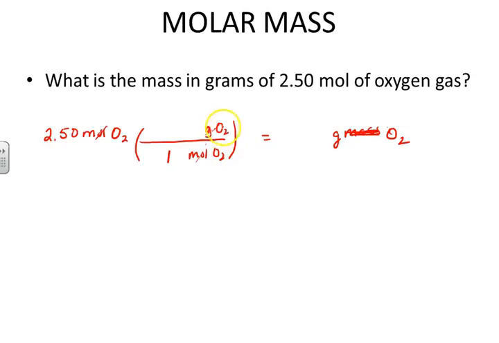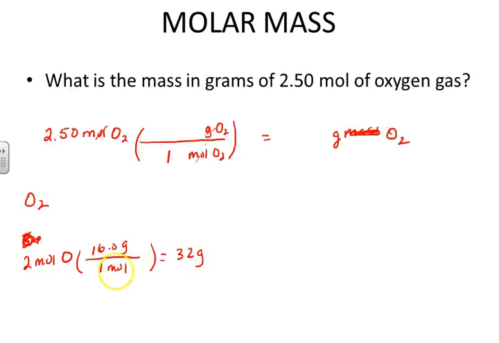In O2, we've got 2 moles of oxygen and there's 16 grams in every 1 mole, so that's going to be 32 grams per mole of O2. So we've got 2.5 times 32. It comes to 80 grams of oxygen.